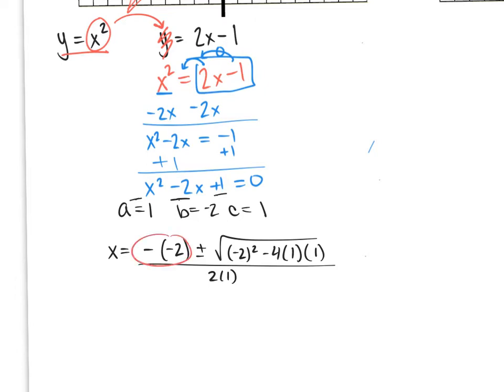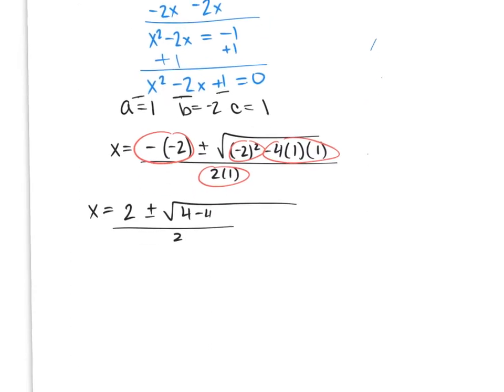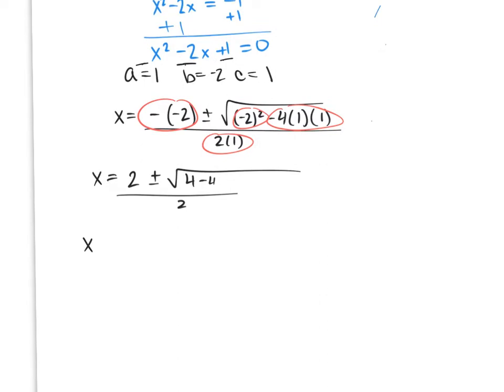So out front I have x equals 2 plus or minus the square root of (-2) squared, well that's 4, minus 4, all over 2. Well, hold on. That means x equals 2 plus or minus the square root of 0, all over 2.